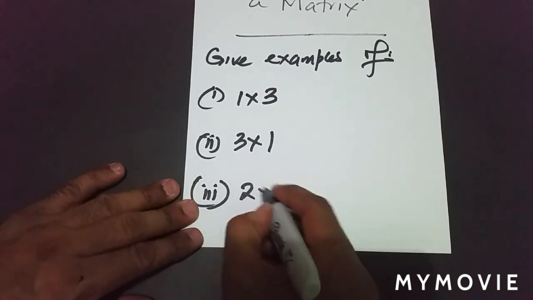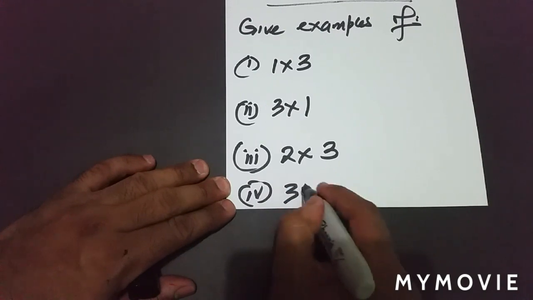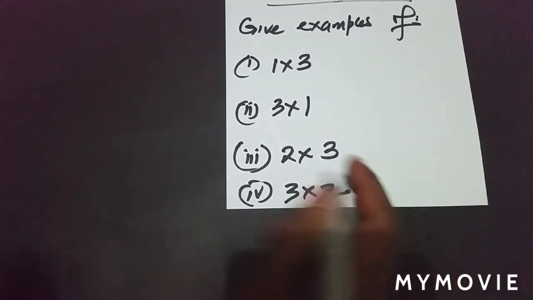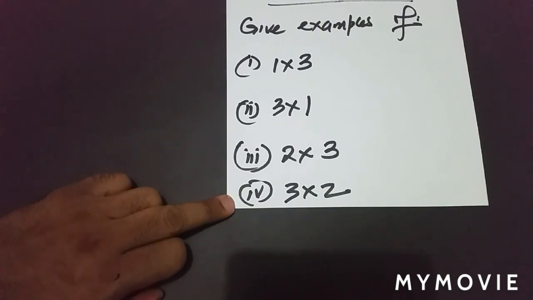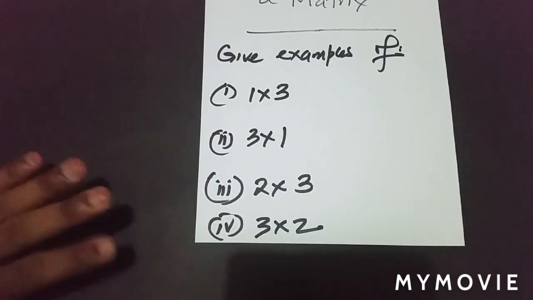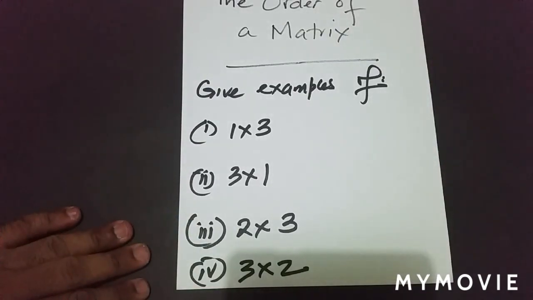You're going to give me an example of a 2 by 3 matrix. Give me an example of a 3 by 2 matrix. So I want examples of each of these now. So please replay the video as many times as you want, and then give me some feedback as quickly as you can.